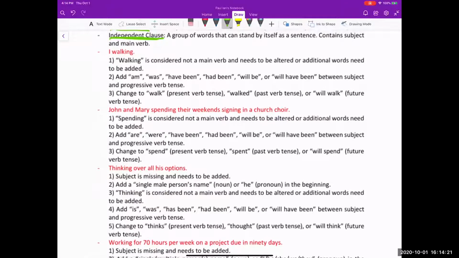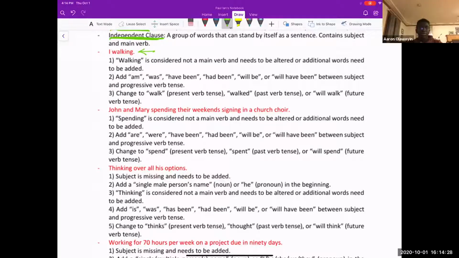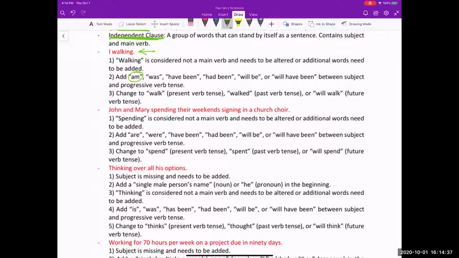So tell me, what about this first sentence right here? 'I walking.' Is that a sentence? No. Okay, why? It doesn't have 'I am walking.' Yep, good. So there's not a main verb. There's the subject, but walking, in essence, is a verb, but it's not what they call a main verb.